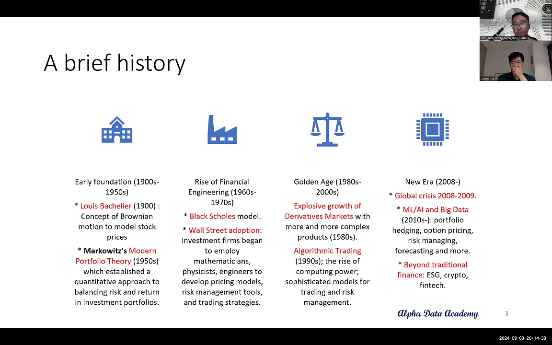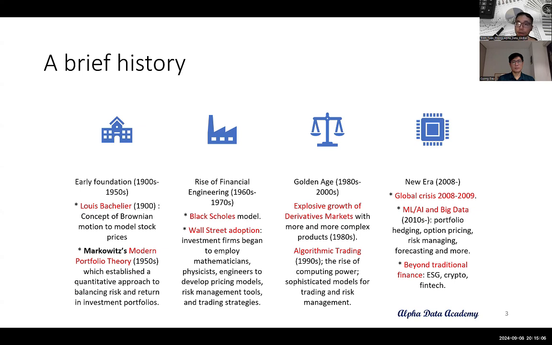I think we call it the golden age of the quant professions and quantitative analysts, because we could observe the increasing number of quants employed on Wall Street and in different financial centers, like in London, in Paris, in Frankfurt, right?